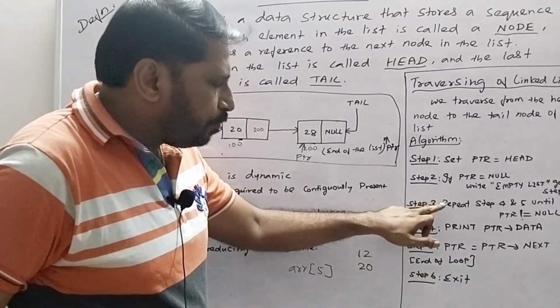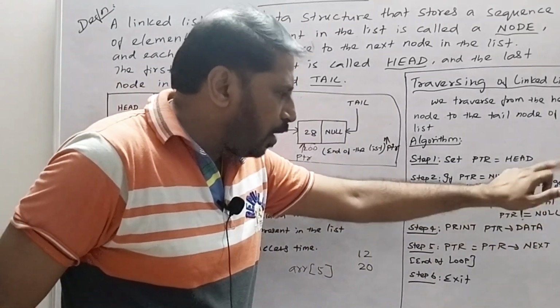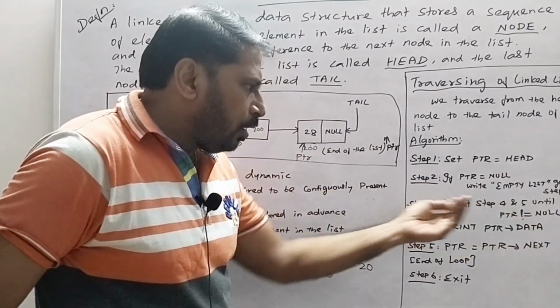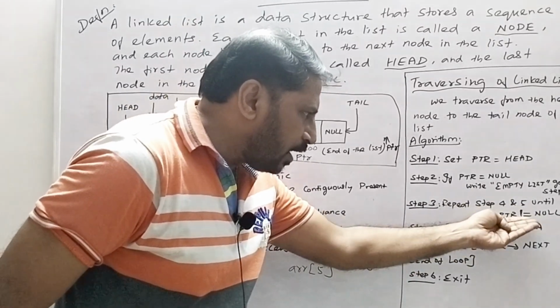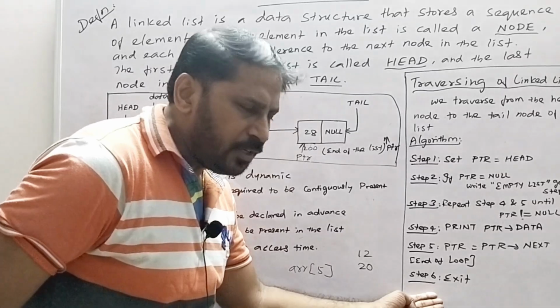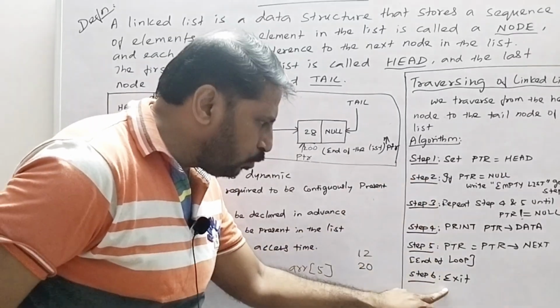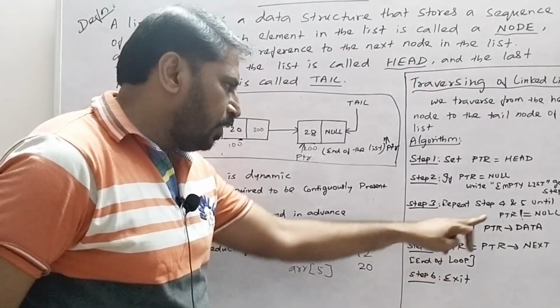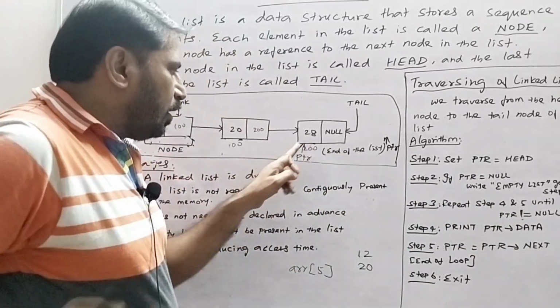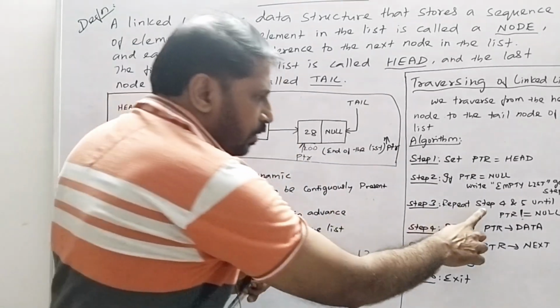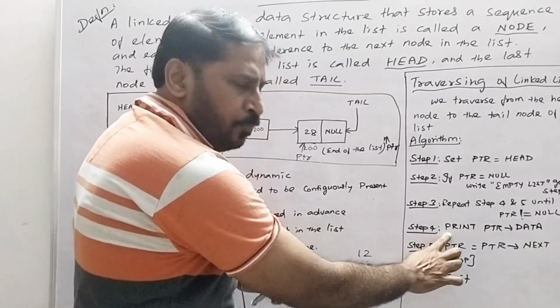Once again I come to step 3, repeat steps 4 and 5 until pointer not equal to null. If the condition is true, only then it executes 4 and 5. If the condition is false, it terminates this loop and comes to step 6. Now the condition is true, not equal to null, it has value 28, so it executes step 4.